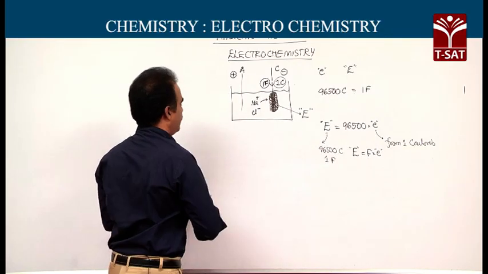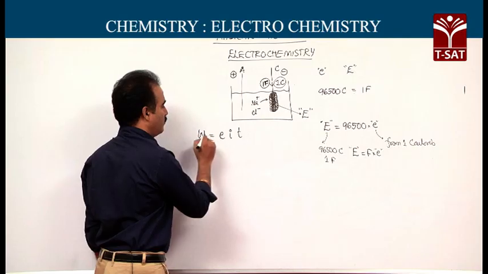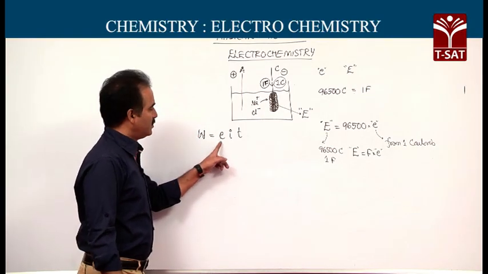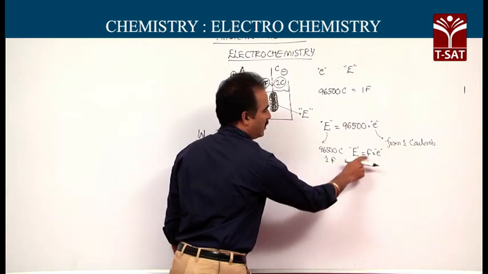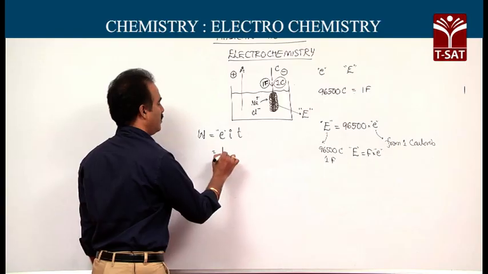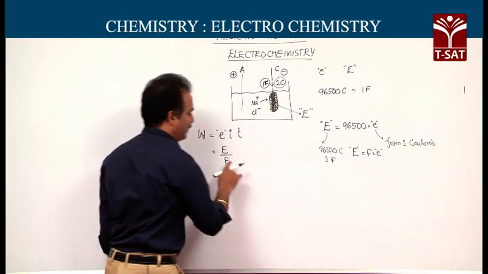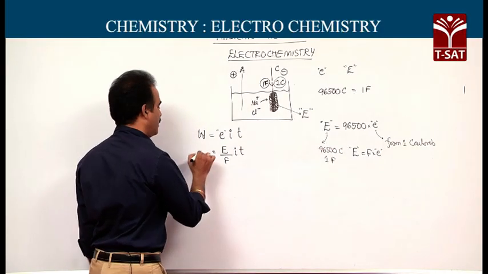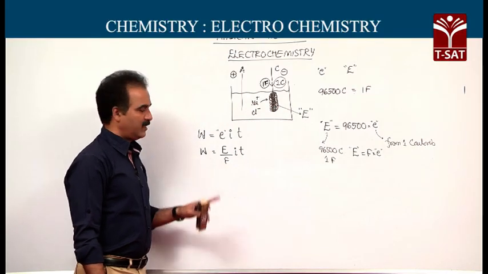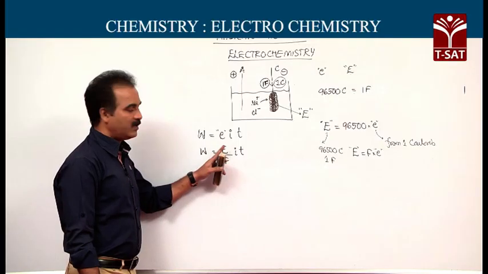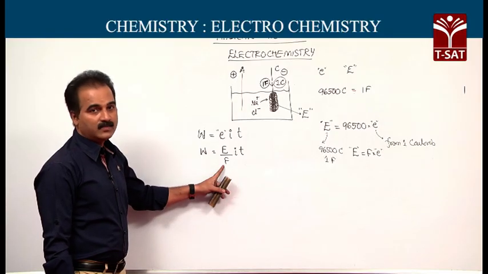So, according to Faraday's laws, we came to know weight of the substance deposited is eIT, and here in place of electrochemical equivalent, I replace it with chemical equivalent by Faraday, because small e is equal to E by F. So, EIT by F. This is the weight of the substance interacting at an electrode: E is chemical equivalent, I is current strength in amperes, T is time in seconds, and F stands for Faraday.